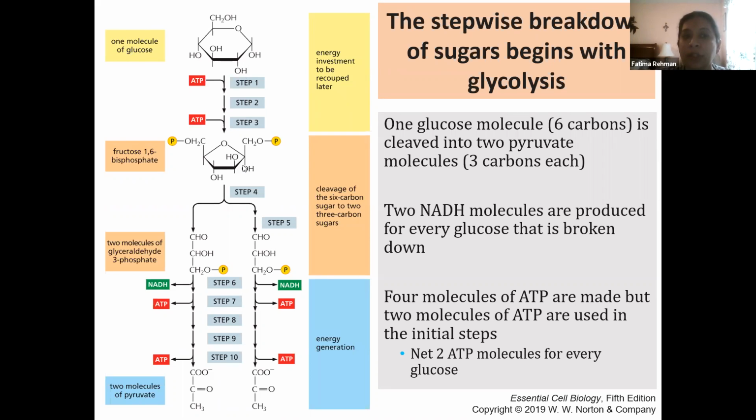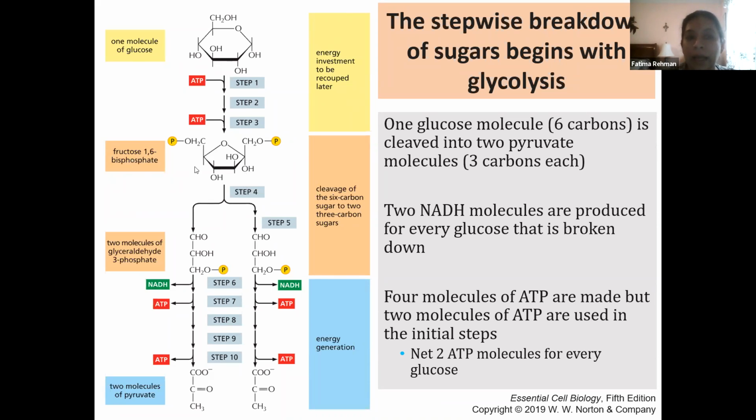And each time they're using them to create phosphorylation on one of the carbon chains, so that in the end you have a fructose 1,6 bisphosphate molecule instead of the glucose. Now these charged carbon atoms at this point, because of these additional phosphorylations, allow it to get broken down.